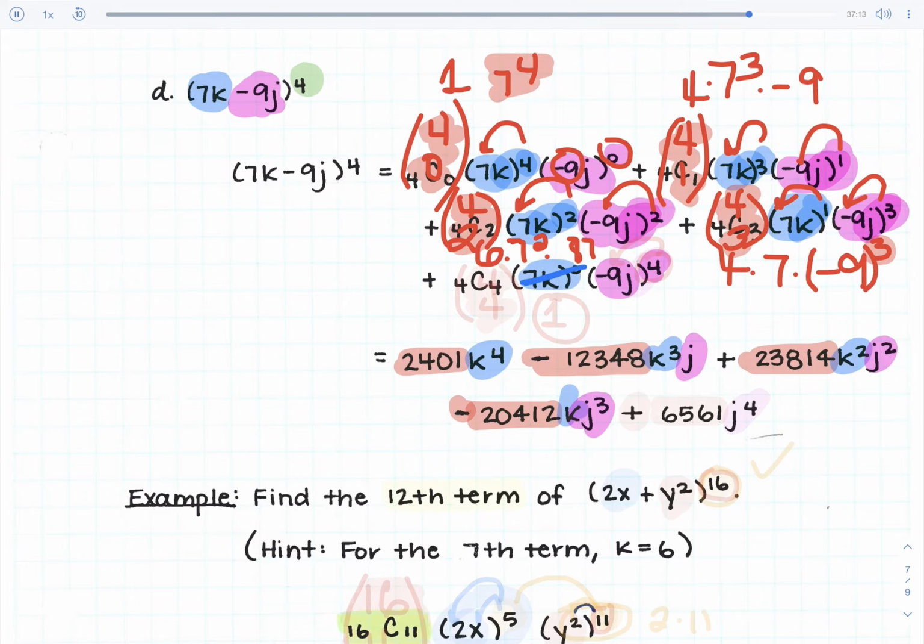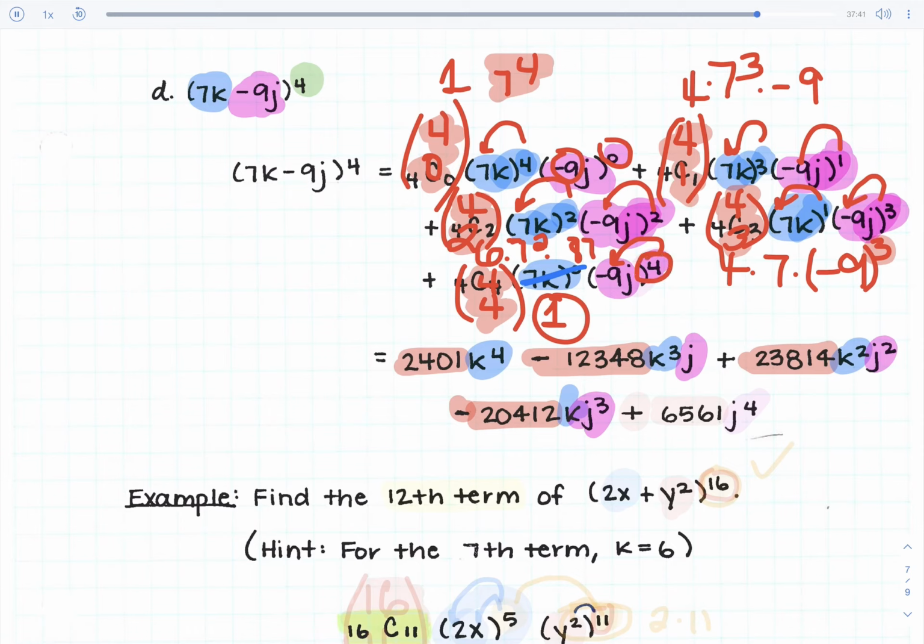I also have to do my combination of 4 and 4. The combination of 4 and 4 out in front will just give me a 1 times whatever your negative 9 to the 4th is. So the question becomes, what is 9 times 9 times 9 times 9? Again, it's negative, but because it's an even exponent, it will become a positive.